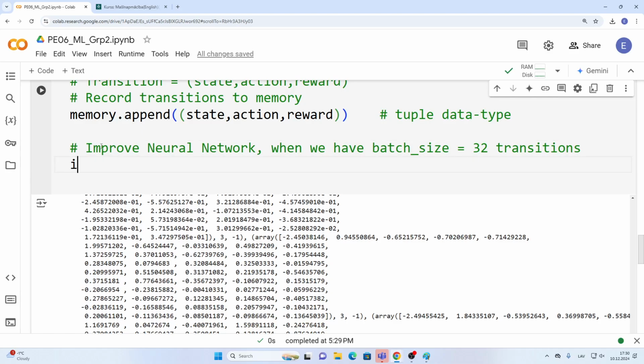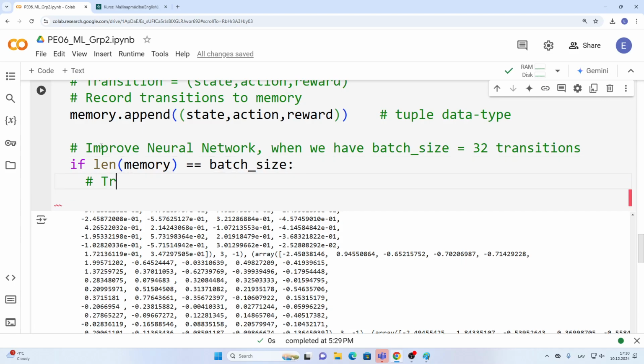So here we need to specify that if the length of memory is equal to batch size, then we train the neural network we specified before with these states, actions, and rewards we have obtained.